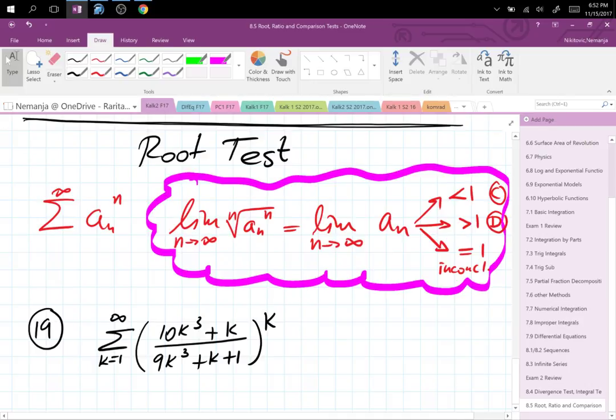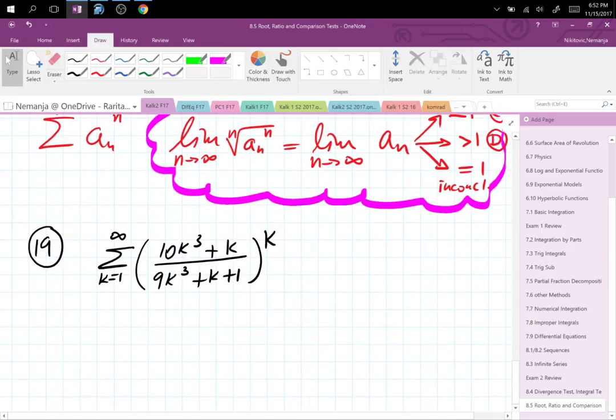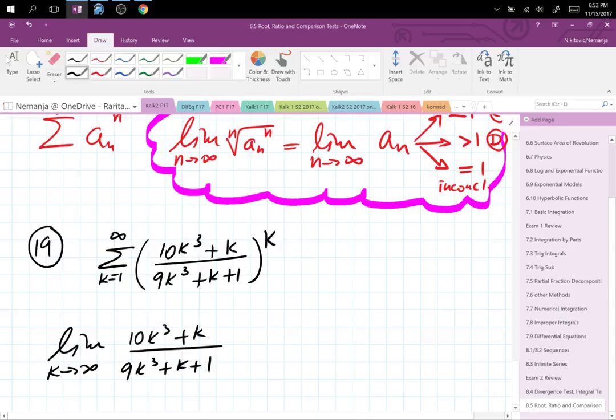Since the book uses k's, and I learned it as n's, I like n's, but whatever. We take the kth root of the sequence there. When you take the kth root, it will kill the exponent k. So we are just working with the limit of 10k cubed plus k divided by 9k cubed plus k plus 1 as k goes to infinity.